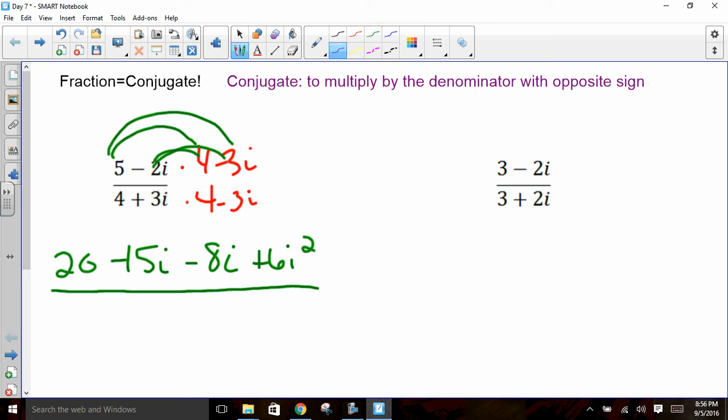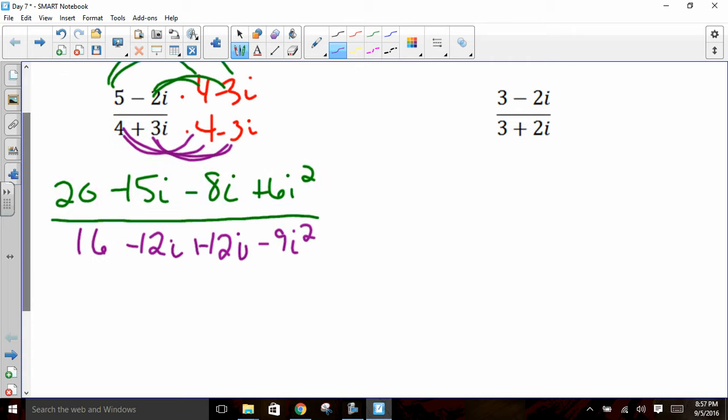For my denominator, 4 times 4 is 16. 4 times negative 3 is negative 12i. 3 times 4 is positive 12i. And 3i times 3i is negative 9i squared. So if you notice on the bottom, my imaginary stuff ends up canceling out.